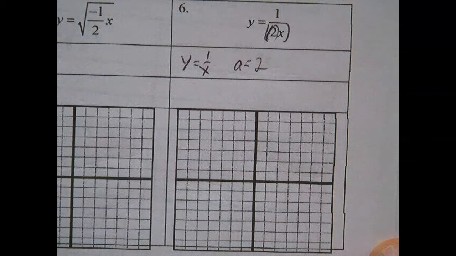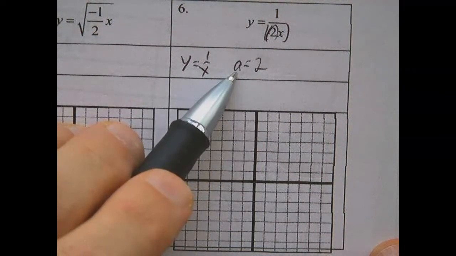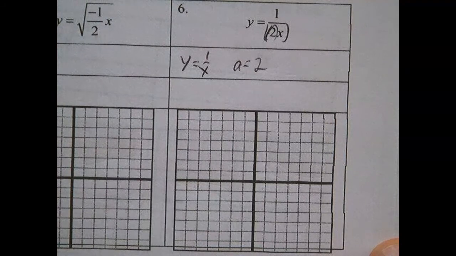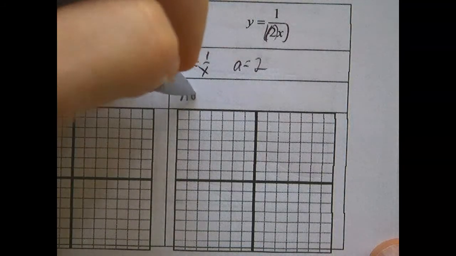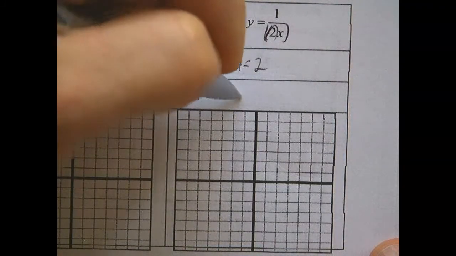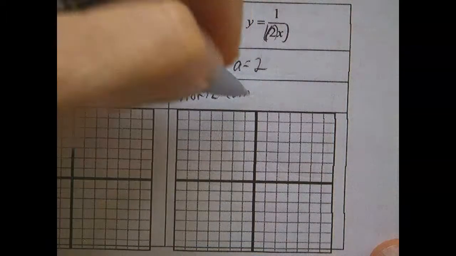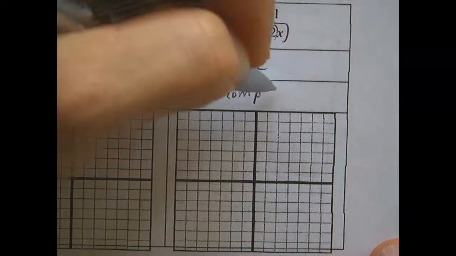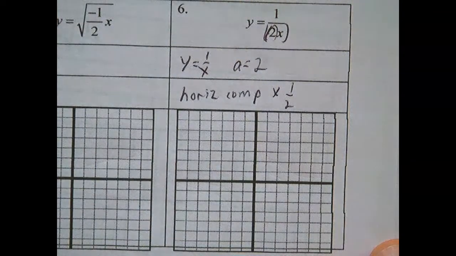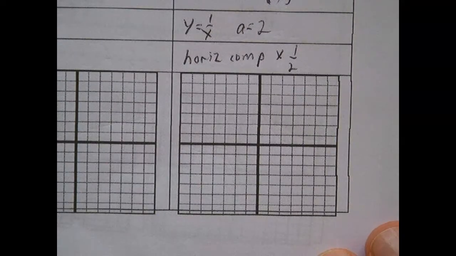Since a is 2, we want 1 over a, so we're going to get a horizontal compression, because 2 is more than 1, compression by a factor of 1 over 2, or 1/2. So if we graph our parent function, it's going to be compressed by a factor of 1/2.